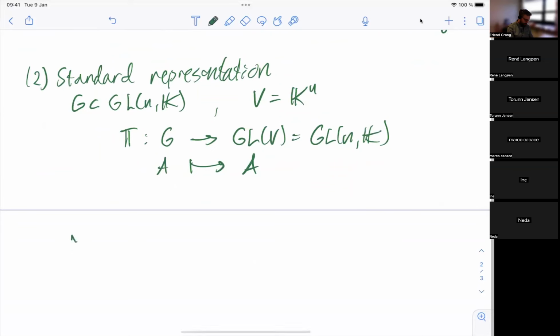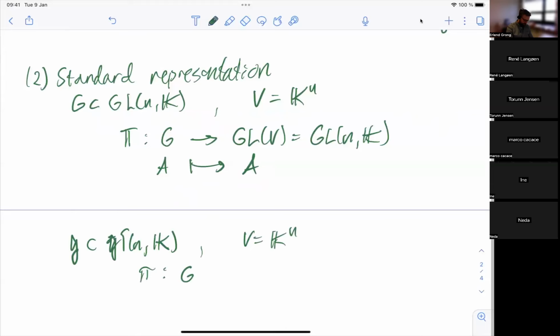And similarly, if you have your matrix Lie algebra inside some space of matrices gl_n(K), then you use V equal to K^n and small pi from g into gl_n(K) will just be the identity.